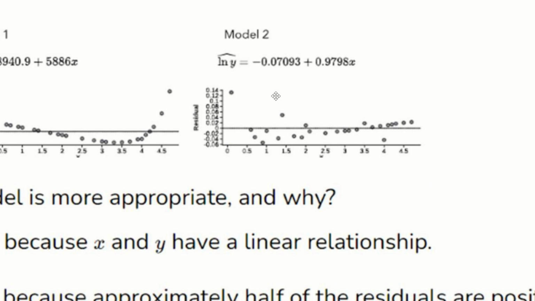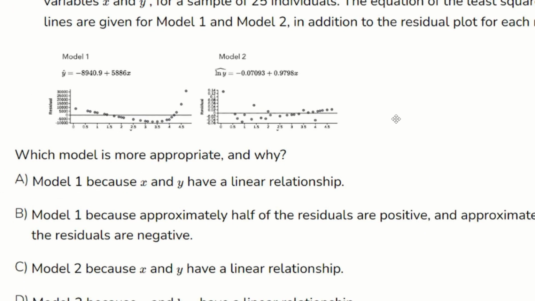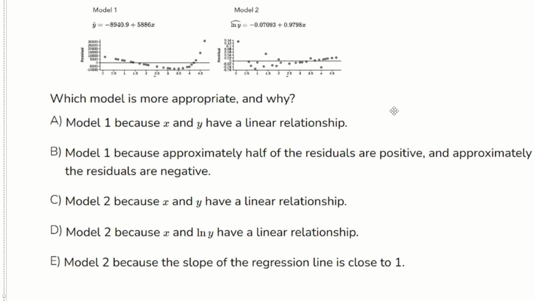It seems to be more random. So I'm going to give this to model 2. Yeah, this appears to have more randomness. So it appears to be more linear because of the residual plot. So I'm going to say it's D, model 2, because x and y have a linear relationship based off of the residual plot.